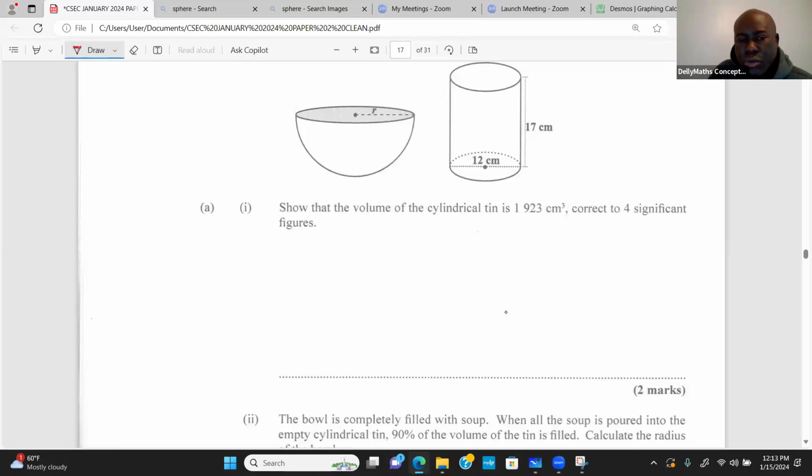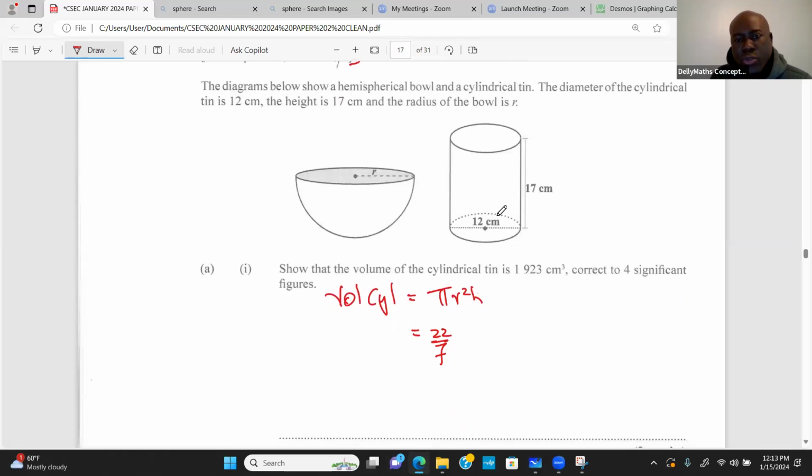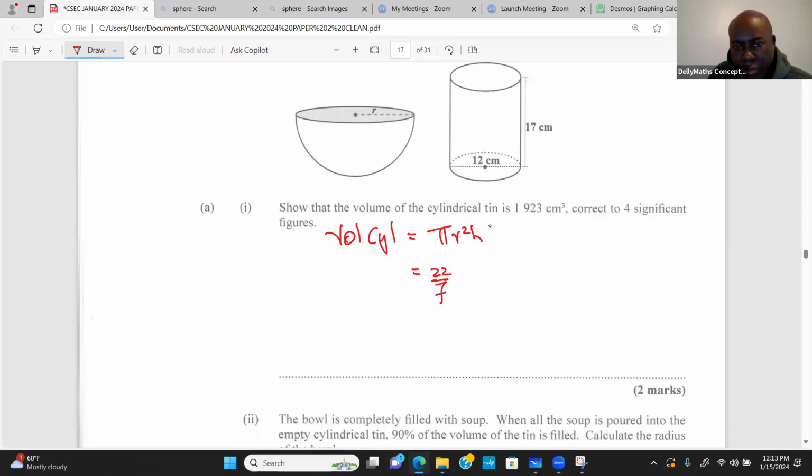So all we're going to do is to use the formula for the volume of a cylinder. So the volume of a cylinder is going to equal pi r square h, where pi was given as 22/7 in this. So as you could see right here, we got pi 22/7. R in this case, this is diameter, so R is going to be 12/2, and so R is 6, so it's going to be 6 square, and you're going to multiply this by 17.